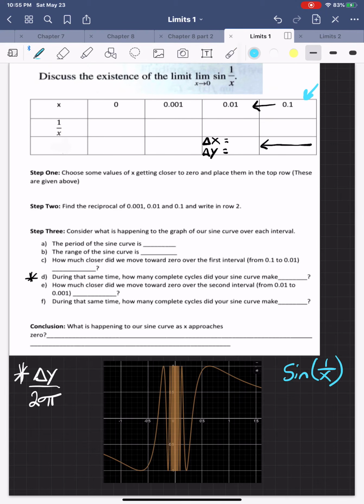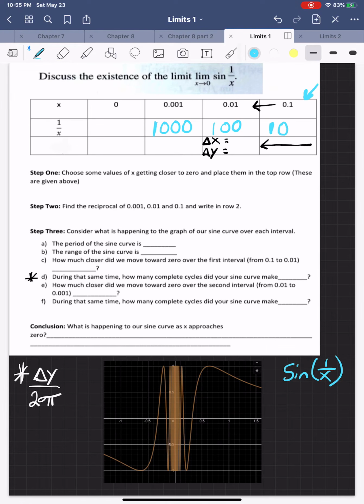If I plug those in, this is what we would get. If you divide 1 by 0.001, you get 1,000. If you divide 1 by a penny, you get 100. And if you divide 1 by a dime, you get 10.